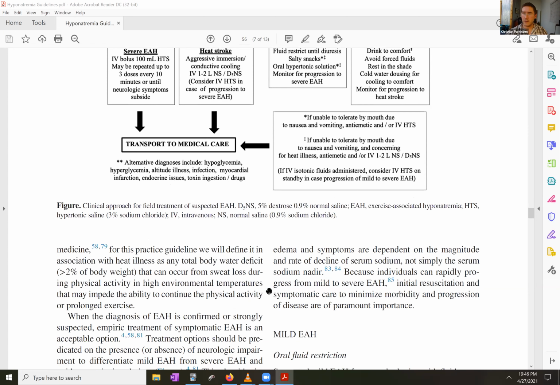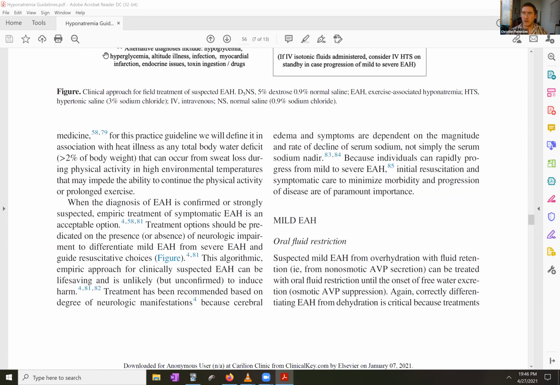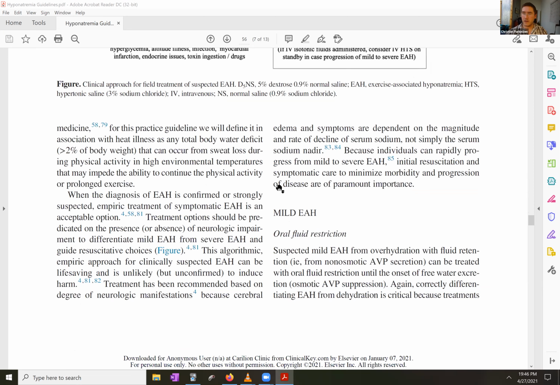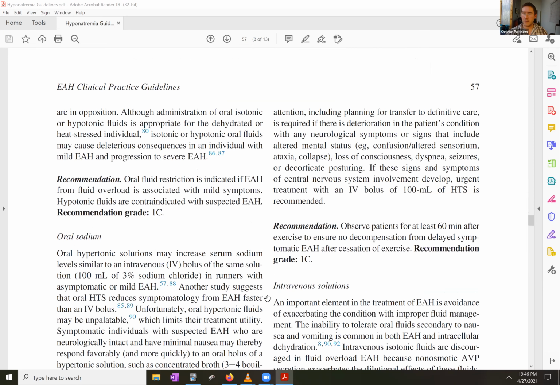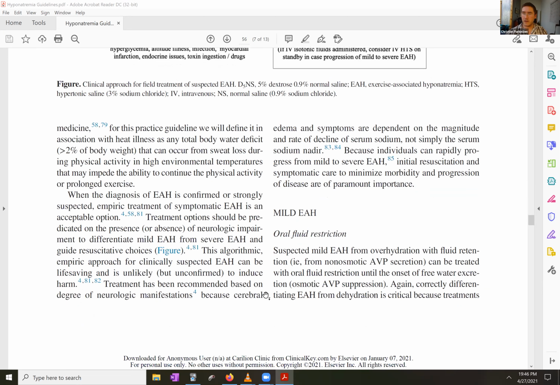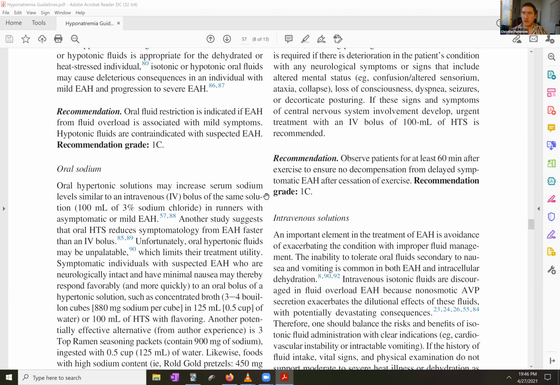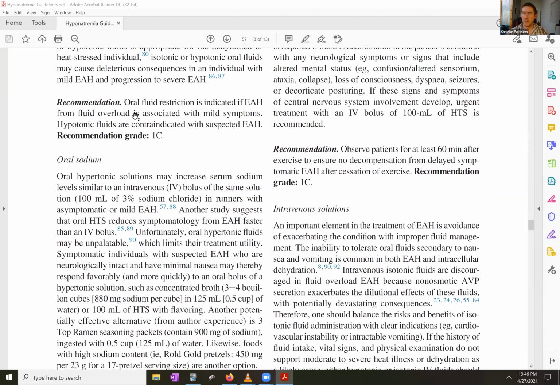Down, discussing mild hyponatremia. Oral fluid restriction, how much you're drinking. I guess at that point it's oral hydration hygiene. It's consciousness. If they are mild, we can restrict them, and they'll take care of the rest. This is where we're talking about trying to use oral hypertonic solutions.